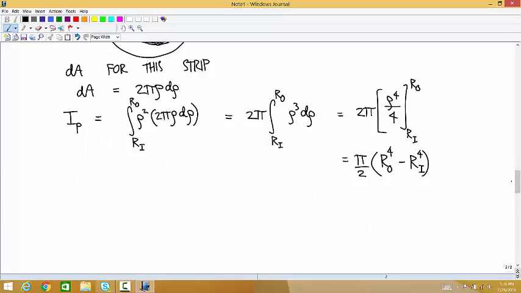If it's solid, then R inner is 0, and that term just goes away, and you're left with the polar moment of inertia being just pi over 2 times R to the fourth.